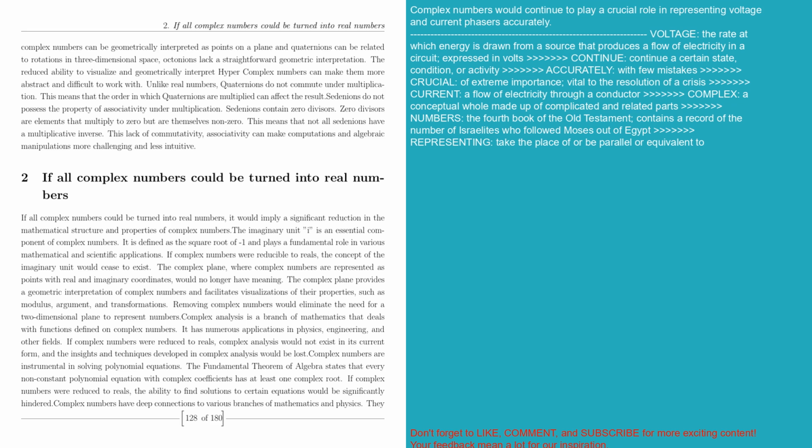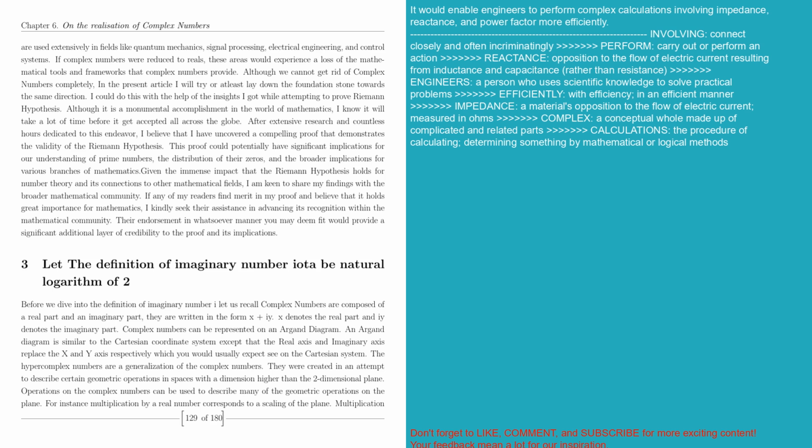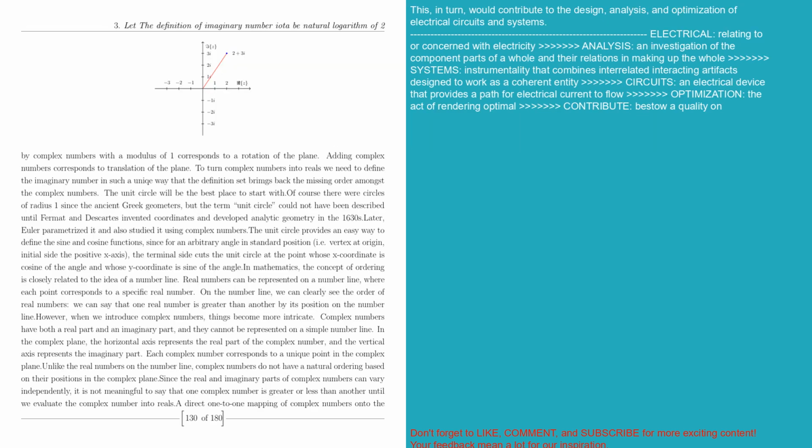Complex numbers would continue to play a crucial role in representing voltage and current phasors accurately. It would enable engineers to perform complex calculations involving impedance, reactance, and power factor more efficiently. This, in turn, would contribute to the design, analysis, and optimization of electrical circuits and systems.